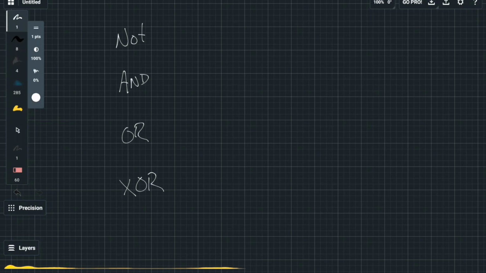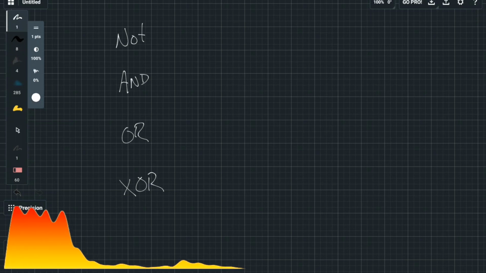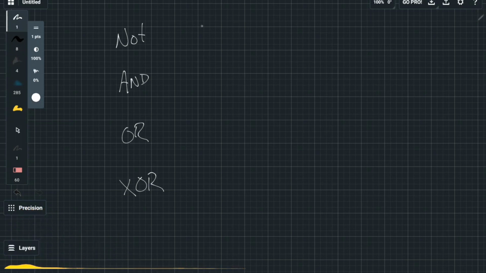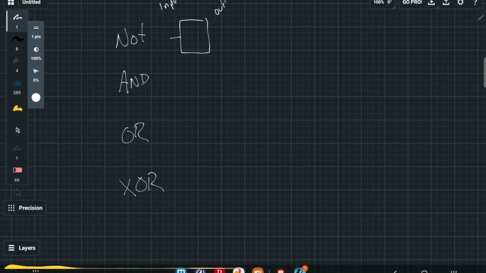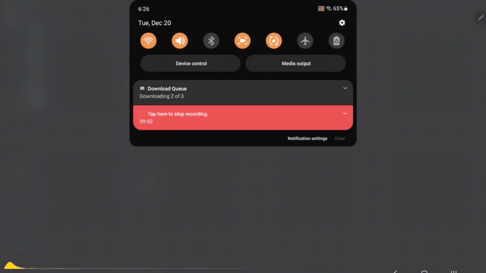And so you could think of these as a way to draw them. And I'm going to just draw a box here and say, whoop, I got too many inputs on that one. Back up. There we are. So this one, and the inputs are going to be on the left, and the outputs are going to be on the right.